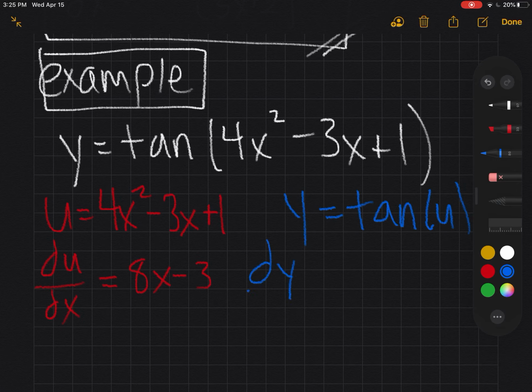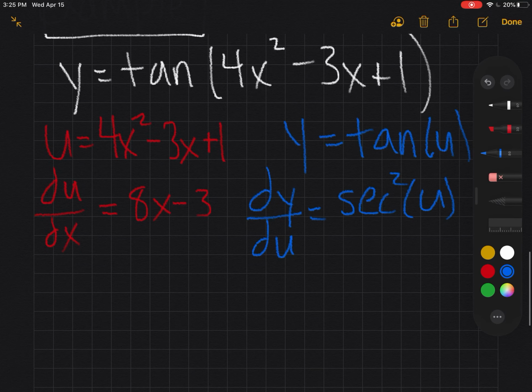So first we'll do our u. Our derivative of u with respect to x is equal to 8x minus 3. Now for this one, you'll need to remember what the derivative of tangent is. It's okay to look it up, but it's worthwhile for you to memorize it. So hopefully at this point, you know the derivative of y with respect to u would be secant squared of u.